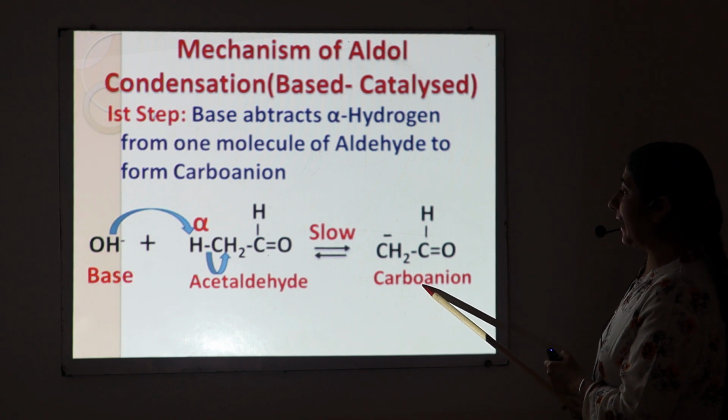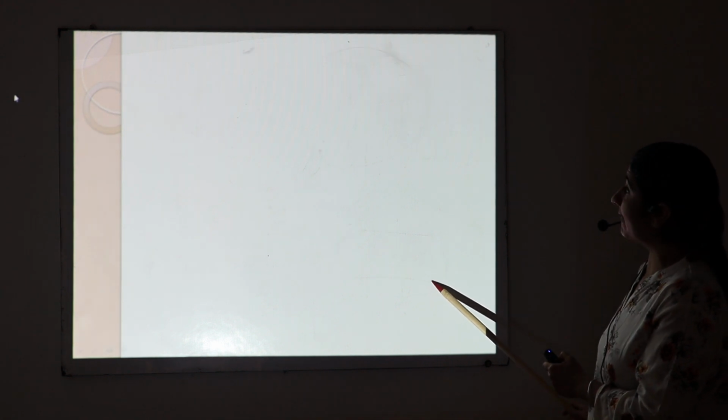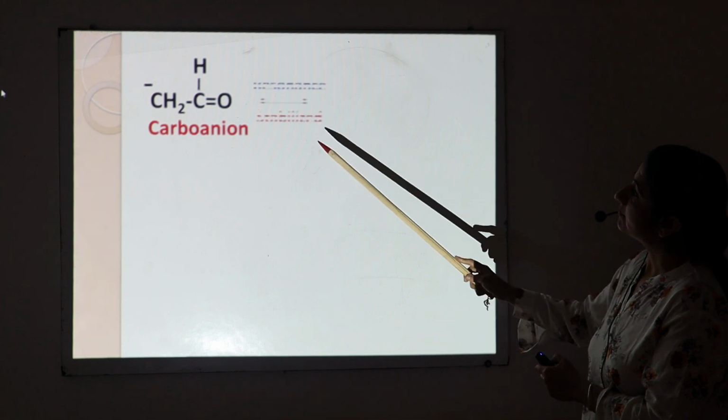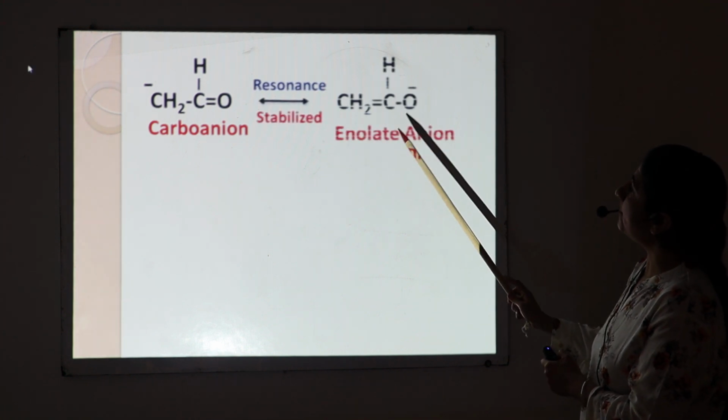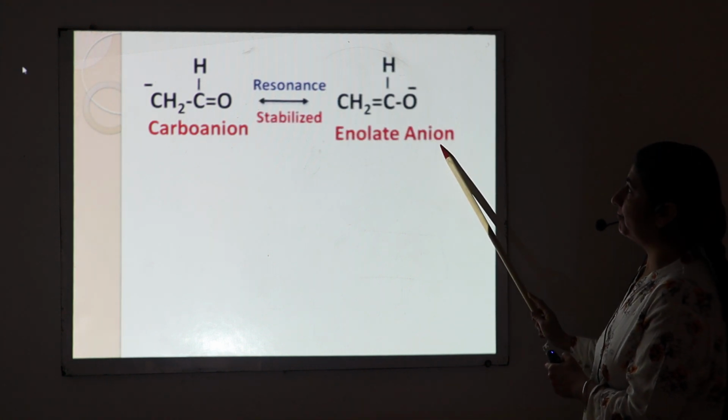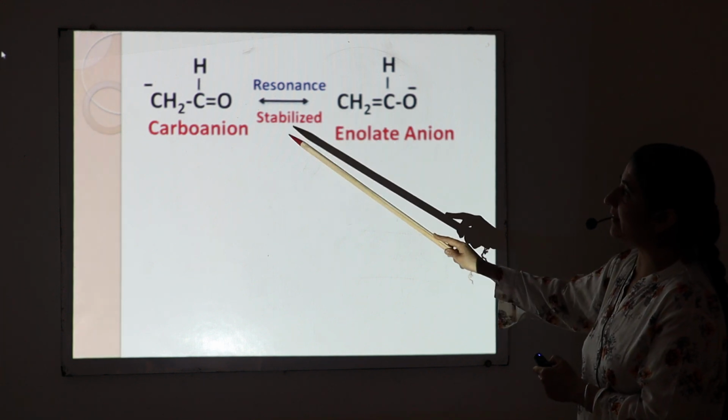So this carbanion is stabilized by resonance to form the enolate anion. So how does it actually take place?